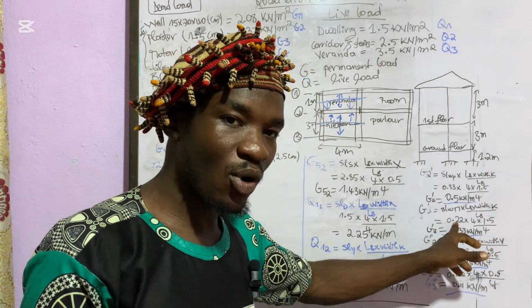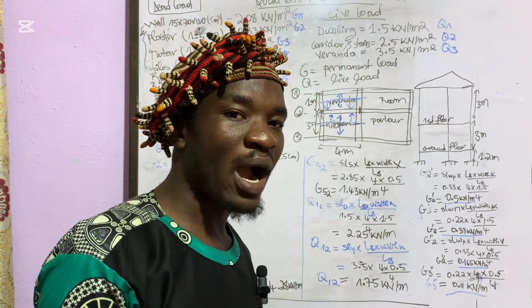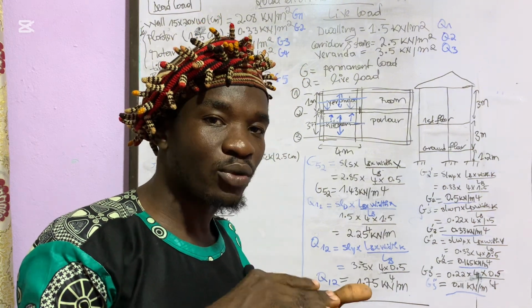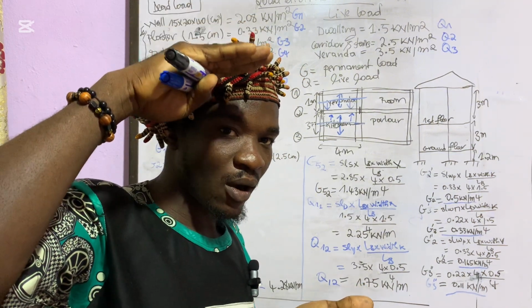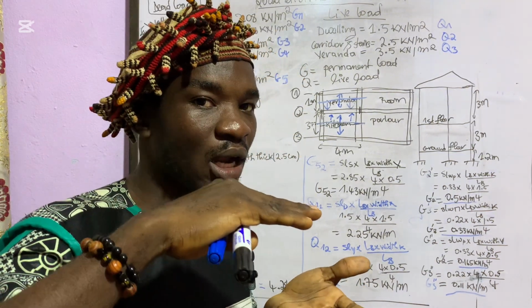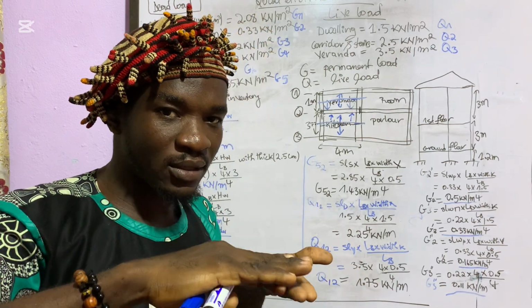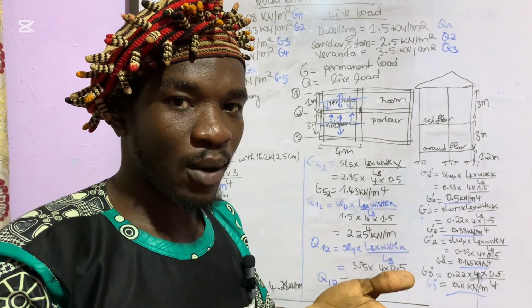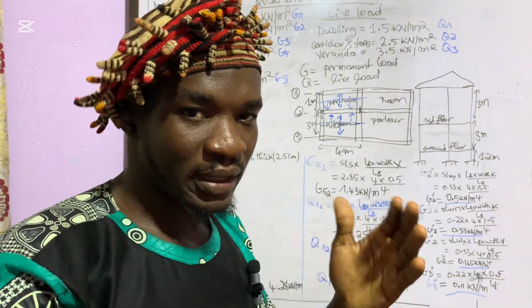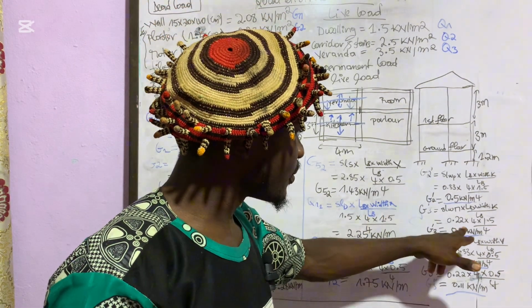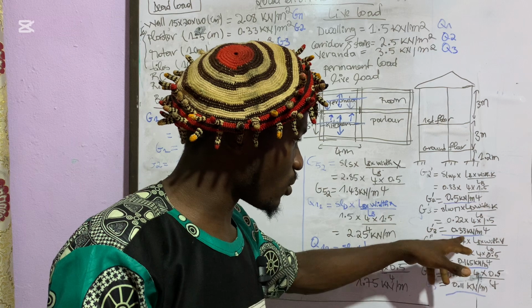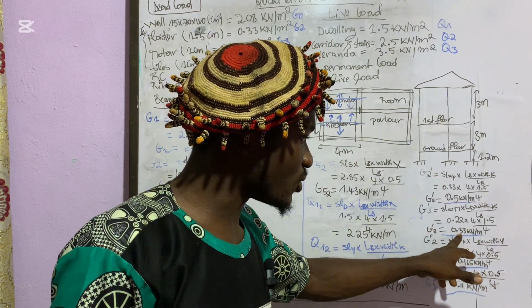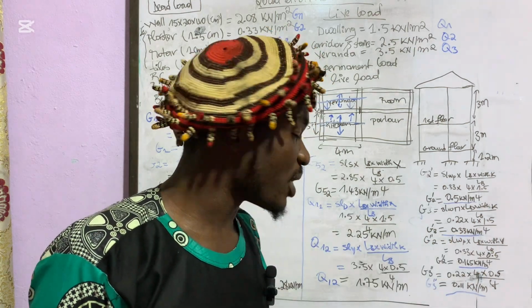The self weight of the mortar is 0.22. Why mortar here? Because we are going to put tiles on the upper part of our slab, the place where we are usually working, all right. That's why we are putting mortar. We cannot put tiles without mortar, okay. So it will not hold, okay. So that's the answer, 0.33 kilonewton per meter.